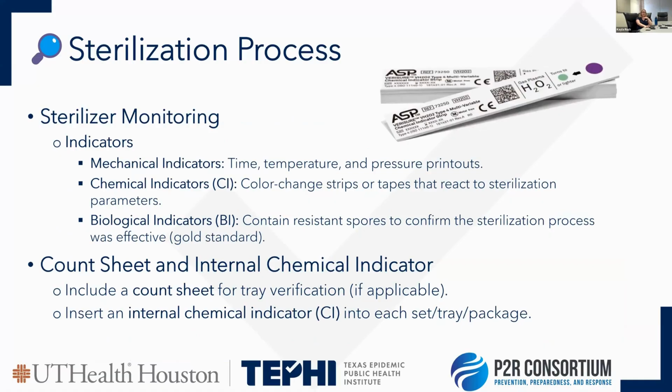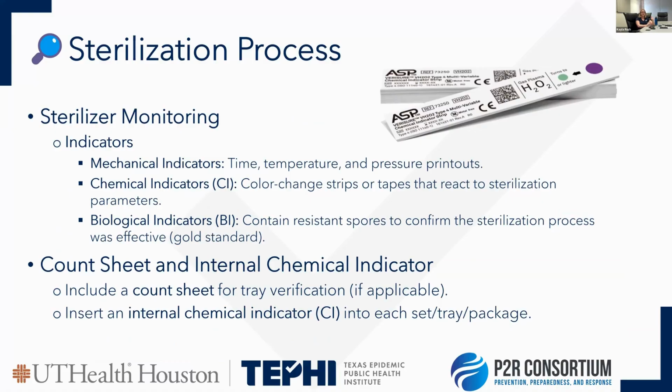The next thing then would be looking at your sterile monitoring. So like in your sterilizer, making sure that you know what the mechanical indicators are. So that's the specific load printout. Each load should have a cycle time, duration, temperature, if it's passed, making sure that you look at that.